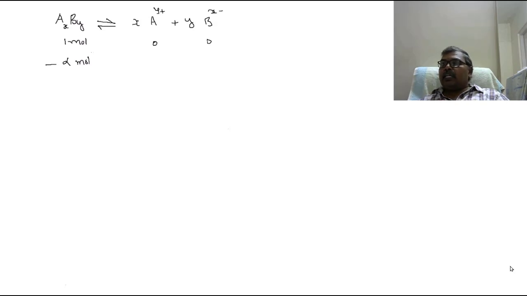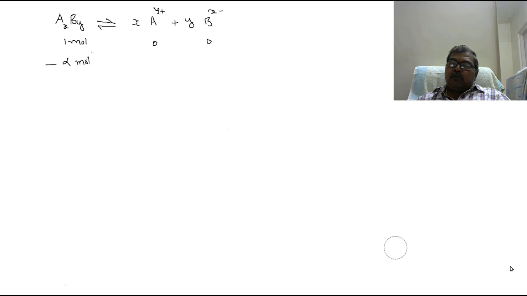So therefore, what is the degree of dissociation? Degree of dissociation is equal to the number of moles dissociated by the total number of moles. If 1 mole is taken and 1 mole dissociated, therefore the alpha value is 1. Right? So let us suppose that alpha moles were dissociated, therefore the degree of dissociation is alpha.